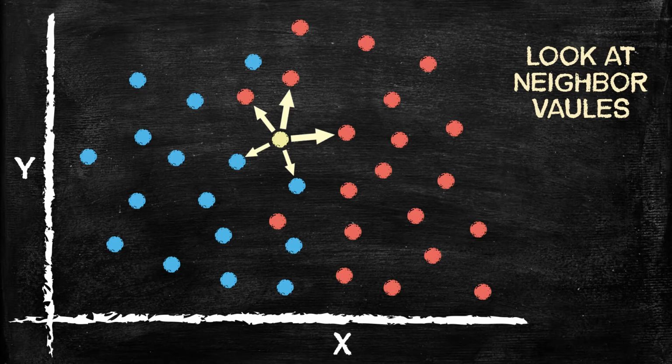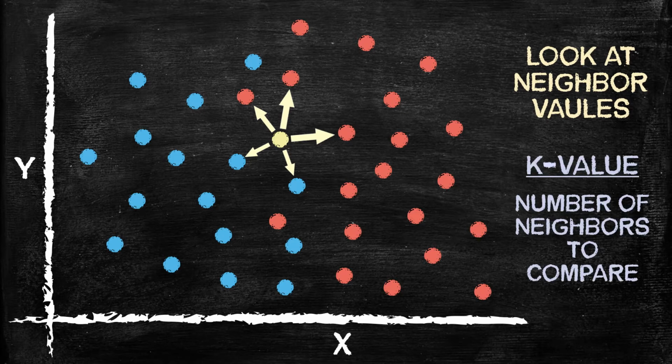And the biggest parameter is the K value, and that is the K in K nearest neighbors. So this refers to the number of neighbors that we're going to compare that class to. And we want to figure out, based on our K value, which class this belongs in by looking at the K number of neighbors. So let's go ahead and try to predict this using different values for K.